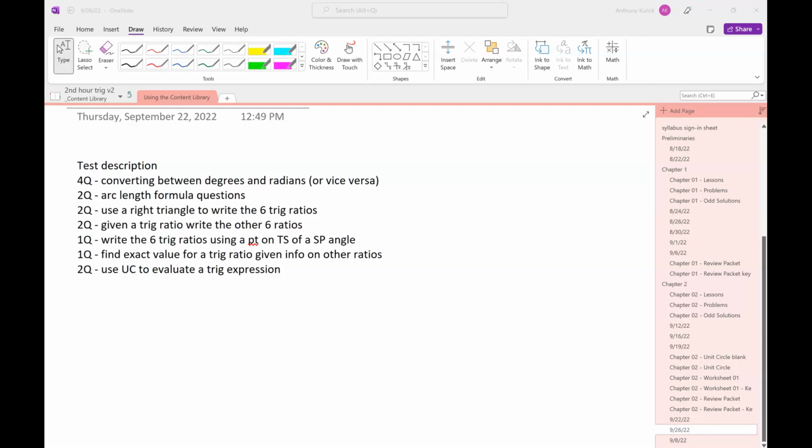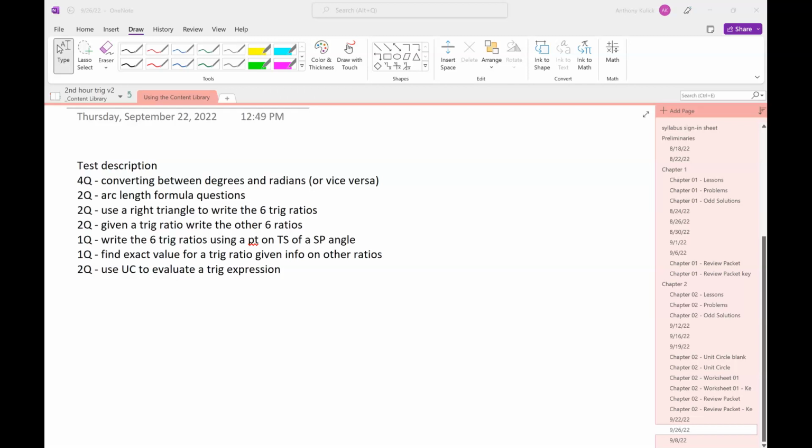Okay? All right. So test description, we're going to have 4 questions converting between radians and degrees or vice versa, like we did on the homework quiz. You'll have 2 questions where you have to use the arc length formula.